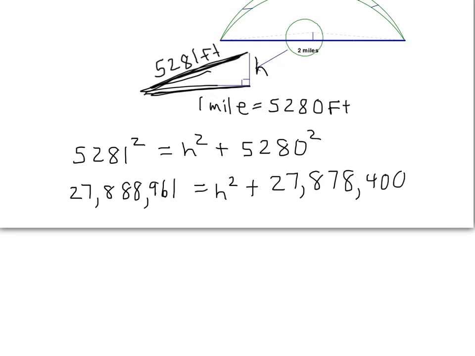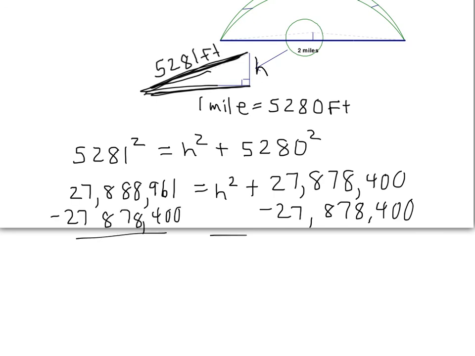So what happens if you subtract 27,878,400 from both sides? You'll get h squared on the right and 10,561 on the left.